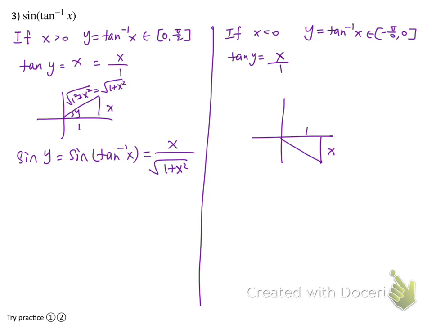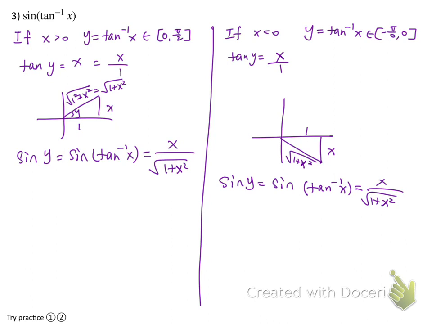It's still x over 1. Then my hypotenuse will still be square root of 1 plus x squared, and my sine y, or my sine tan inverse of x, is still the opposite over the hypotenuse. It's just that this time the opposite is negative.